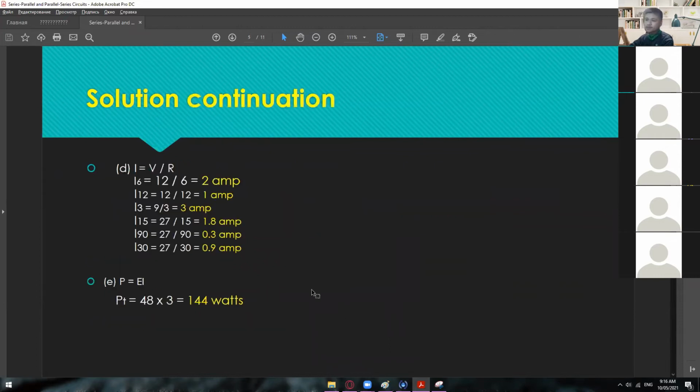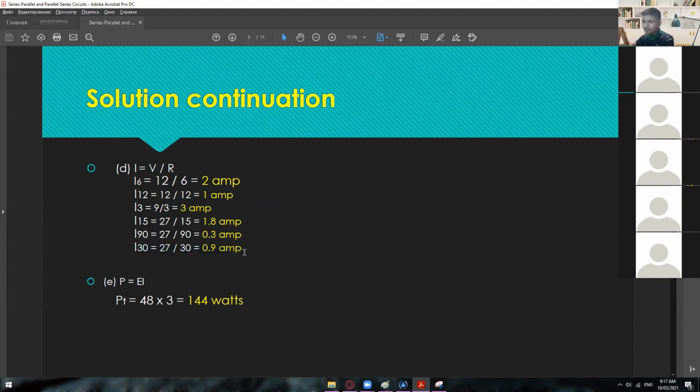Okay. So, dito meron tayong 12 divided by 6 for the R1, and then 12 divided by 12 for the R2, and then 9 divided by 3 for the R3, and then 27 divided by 15 is for the R4, and then 27 divided by 90 is for the R5, and then 27 divided by 30 is equal to R6.